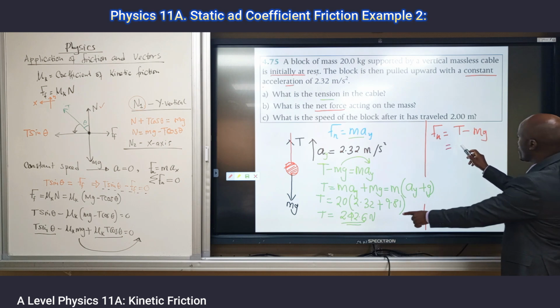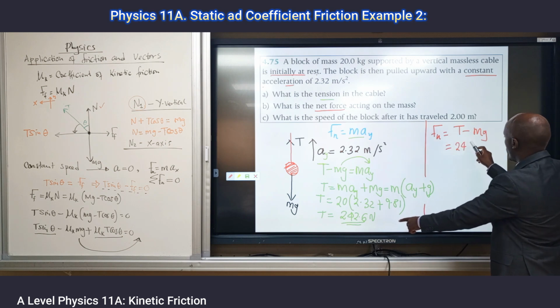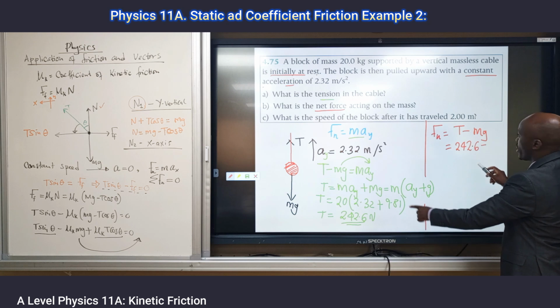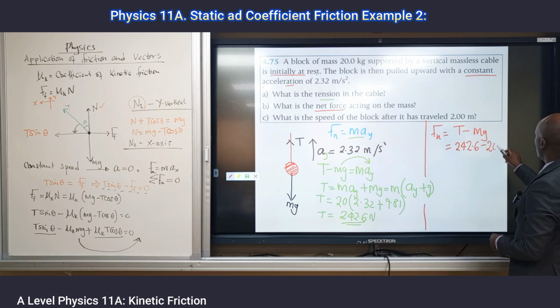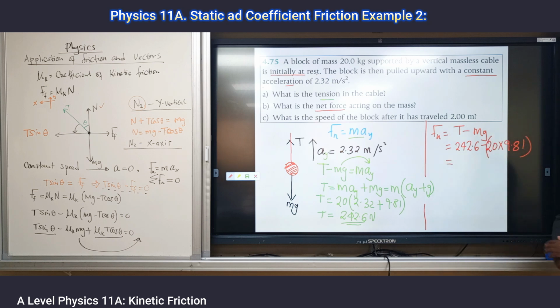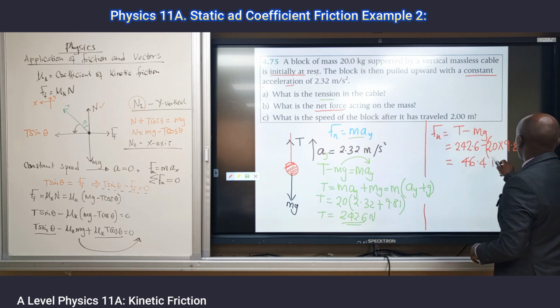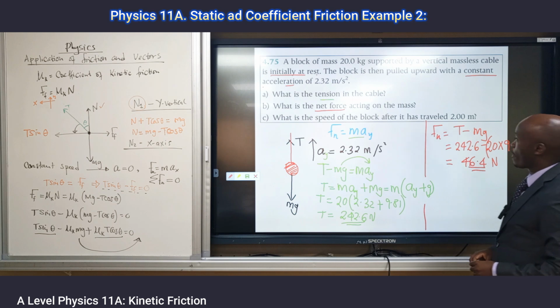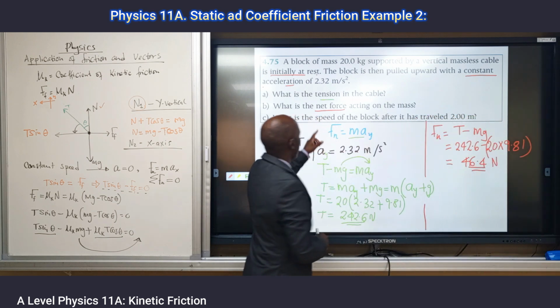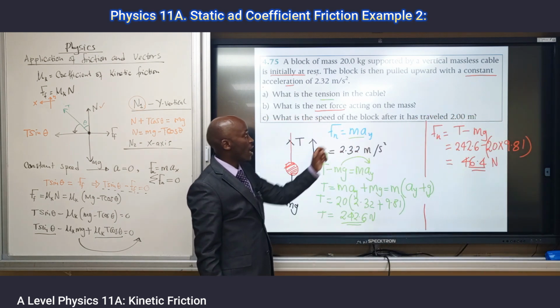The tension we know now is 242.6, minus the weight, which is 20 multiplied by 9.81. That will give us the net force. How much is the net force? 46.4 newtons.